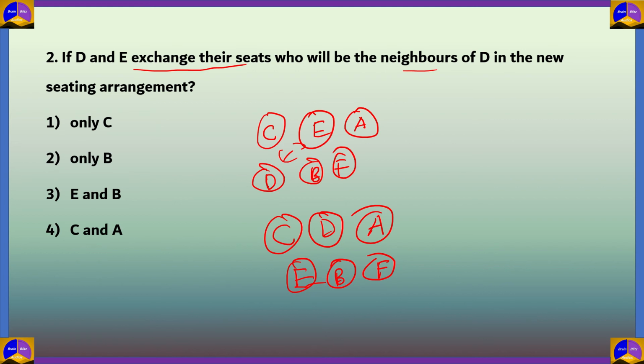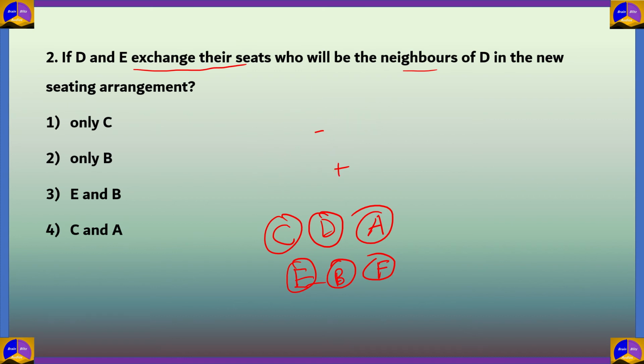The question is asking us who will be the neighbors of D in the new seating arrangement. So neighbors of D, we can see that D is in the middle, so D has two neighbors.